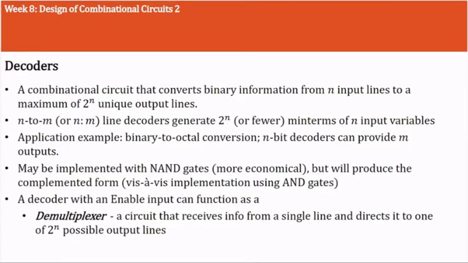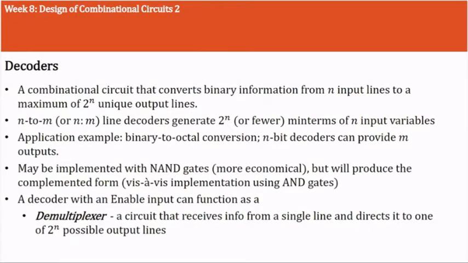An application example of a decoder is binary to octal conversion. N-bit decoders can provide M outputs. It may be implemented with NAND gates, which is more economical, but will produce the complemented form, vis-a-vis implementation using AND gates.